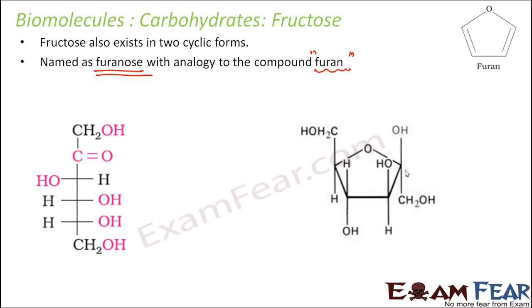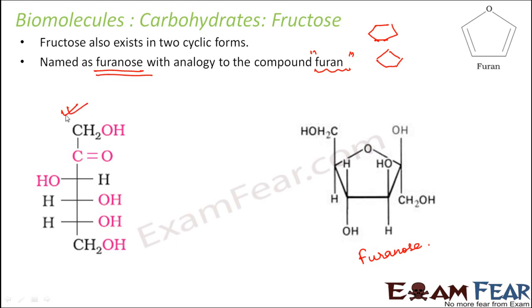If you look at the ring, it is very similar to the compound furan, and that is why it is called furanose. So now it will be very easy for you to distinguish between glucose and fructose by looking at the cyclic structure. Whenever it is a glucose, the structure will be somewhat like this. When it is a fructose, it will be somewhat like this.